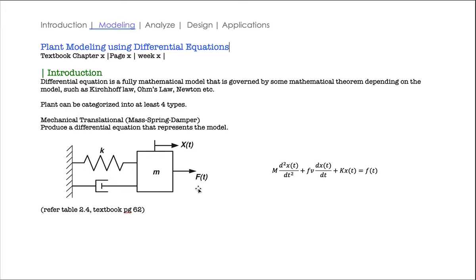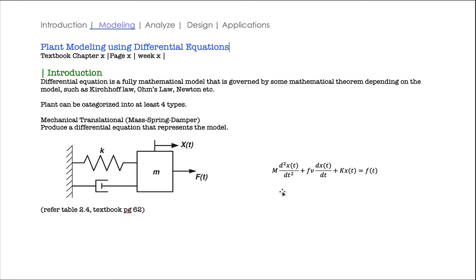So basically f(t) is the input, x(t) is the output, the result of the input that produces the motion of m. So we have modeled this system from a physical system, or we can call it a schematic system, based on the actual physical system.